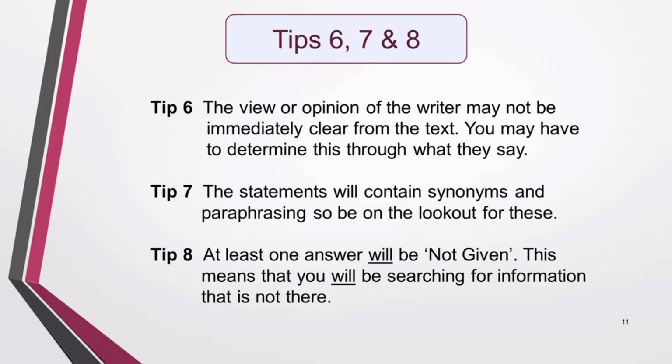Remember that at least one answer will be not given. This means that you will be searching for information that's not there. As already mentioned, it's easy to waste time searching for information you're never going to find because it isn't included. Use the strategy I'm about to show you to quickly come to a decision about each statement and move on.